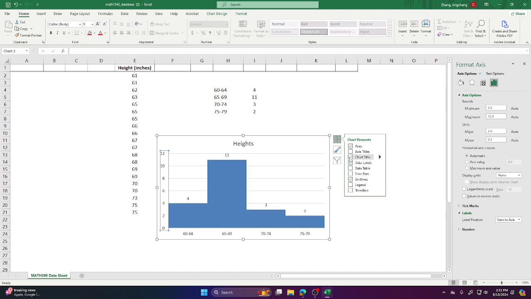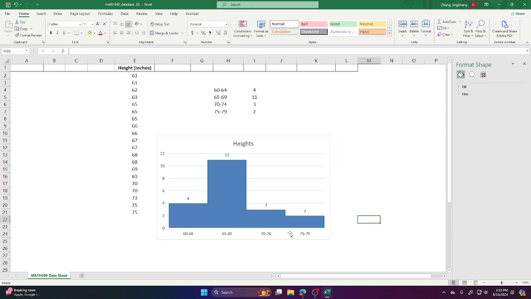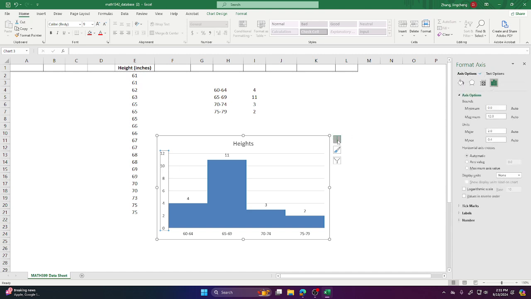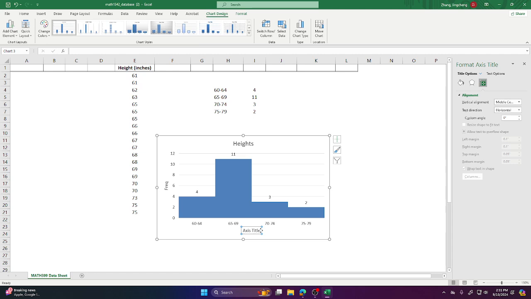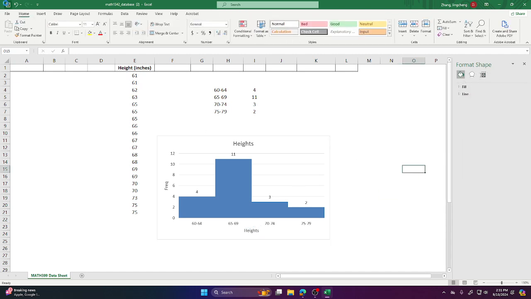It's too many options for me. Oh, axis titles. Okay. Oh yeah, there we go. Primary horizontal, primary vertical, both of them. Okay, so this is frequency, right? And then this would be heights. Am I right? Heights. Yeah, there we go. All right, awesome.